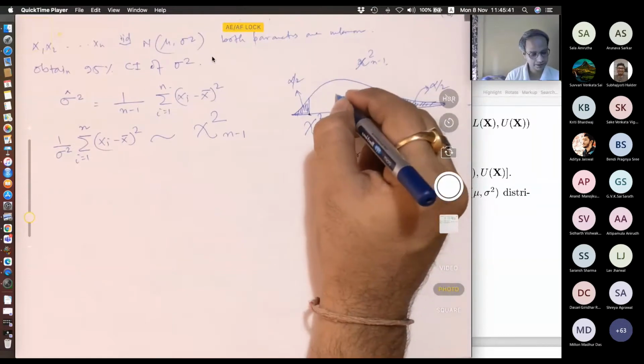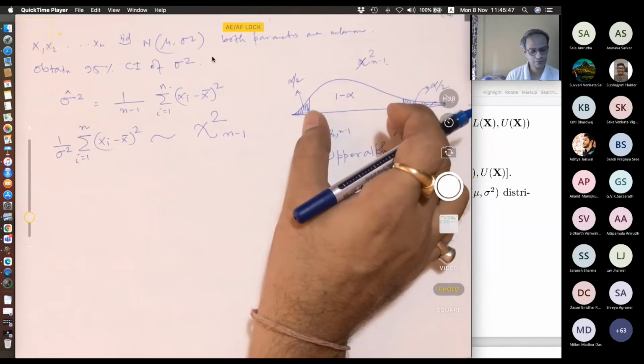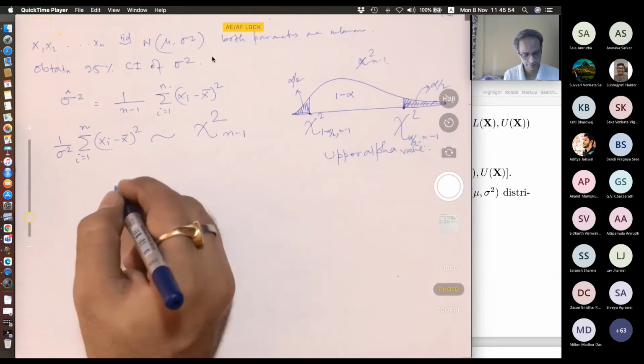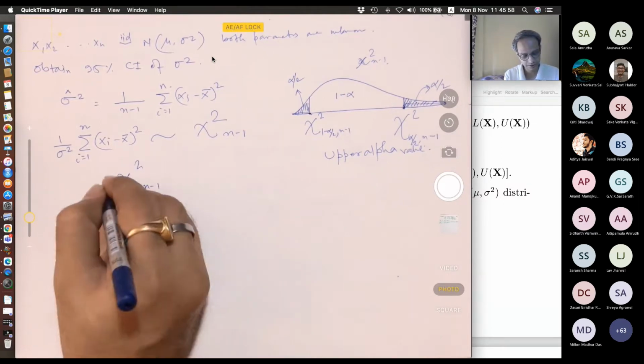Now, the probability that this chi-square n minus 1 will fall within this region is 1 minus alpha. I hope you can understand the job is trivial.